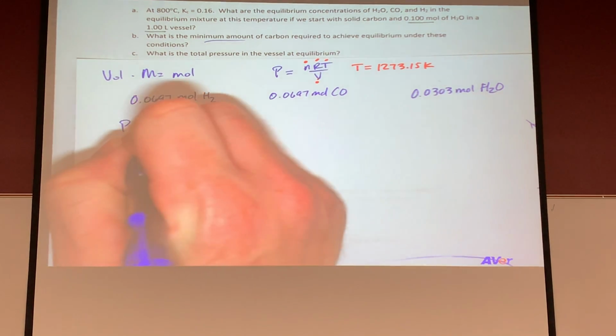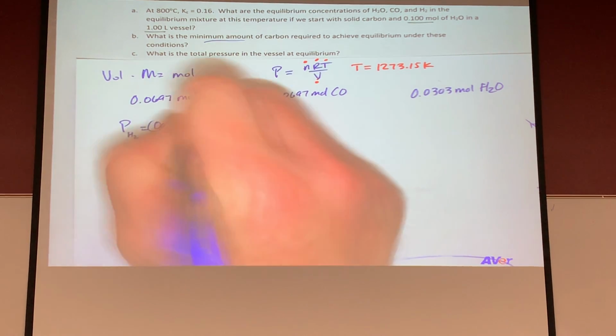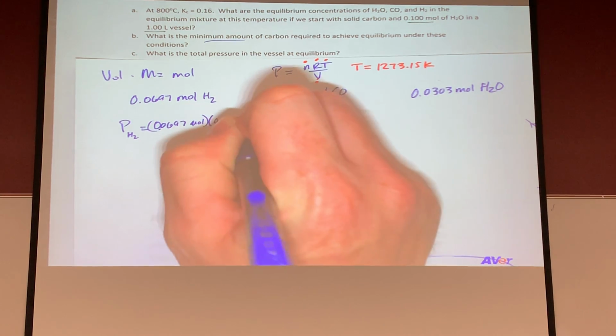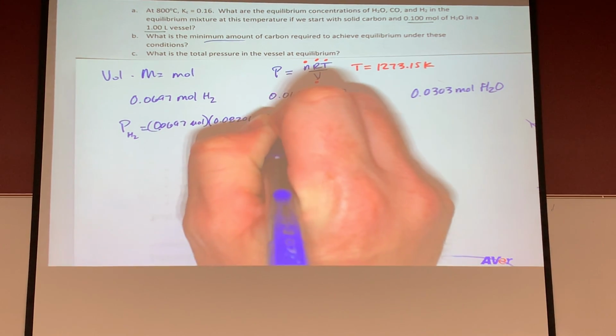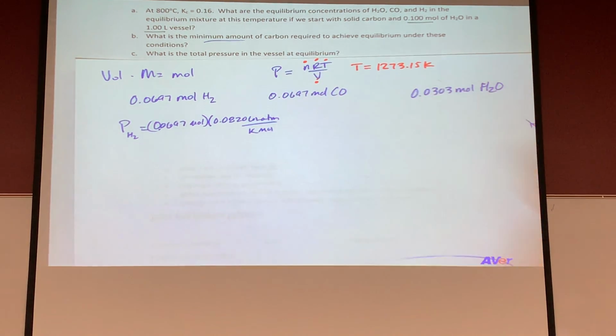You go pressure of H2, 0.0697, and then back over here, I got 0.930 moles for H2O. Because isn't it 0.1 minus?